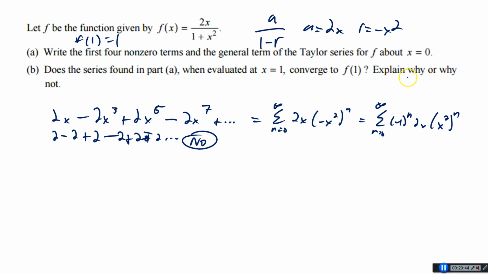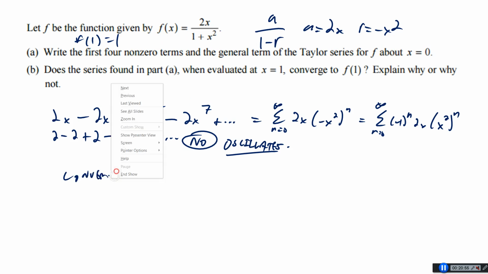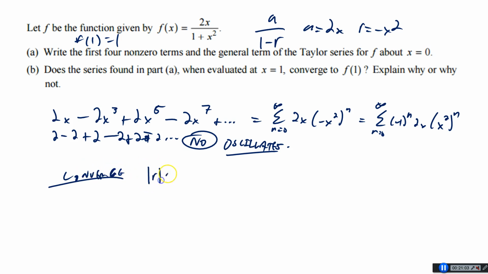We should probably have a better answer, right? So right there you could say it oscillates. But we could do this mathematically. So we know that geometric series converge only when the absolute value of r is less than 1. In this case, that means the absolute value of negative x squared has to be less than 1, which means negative 1 less than negative x squared less than 1.